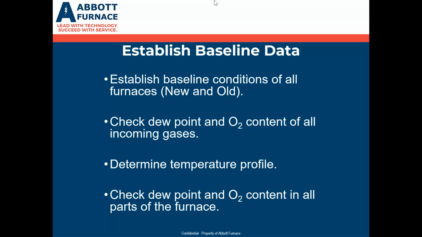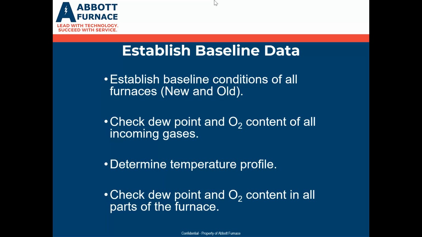The atmosphere flow will affect the temperature in the profile. If we have discrepancies in temperature from the left side of the belt to the right side of the belt, a lot of times it's atmosphere flow related, where an injector is plugged or not set properly, or something atmosphere-wise is causing you to see temperature variation across the belt, across your product.